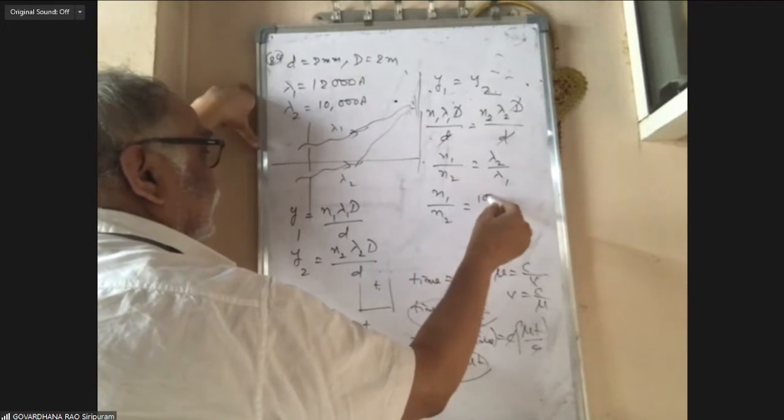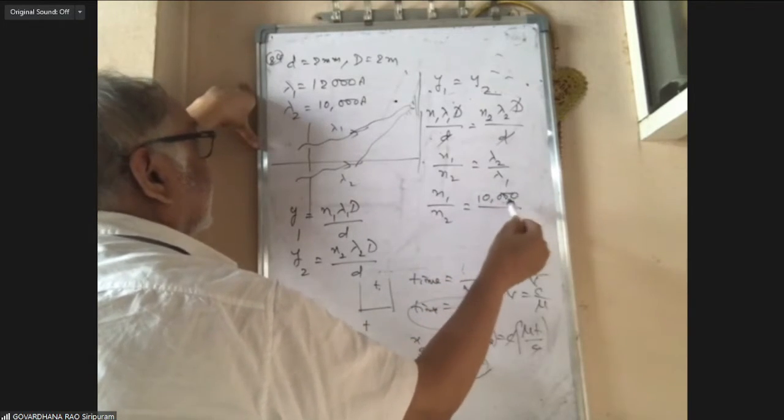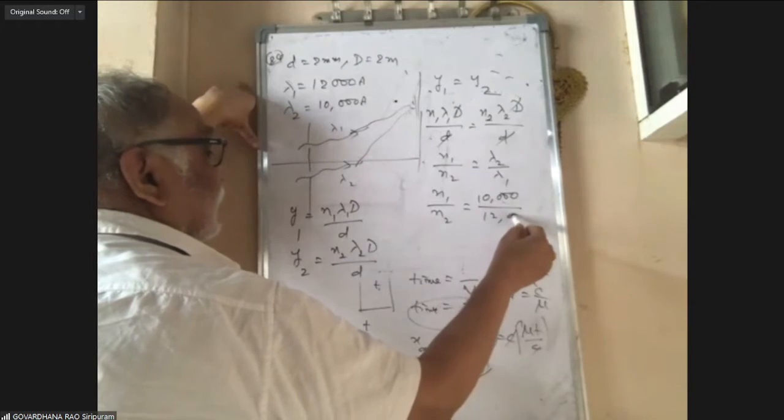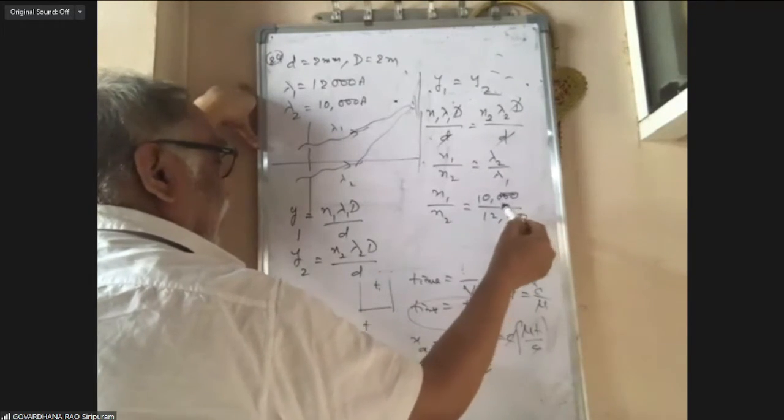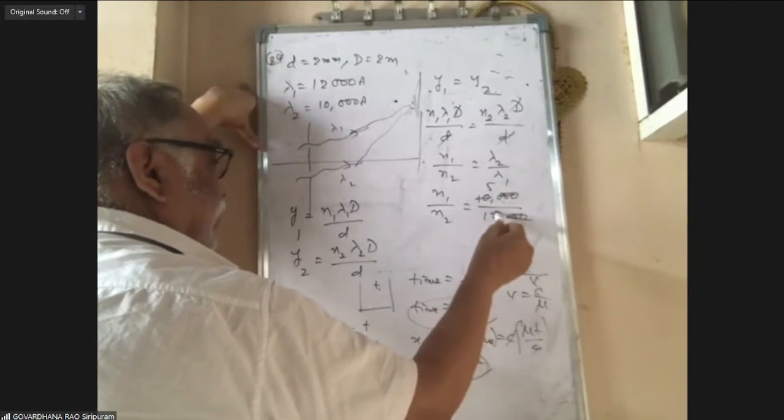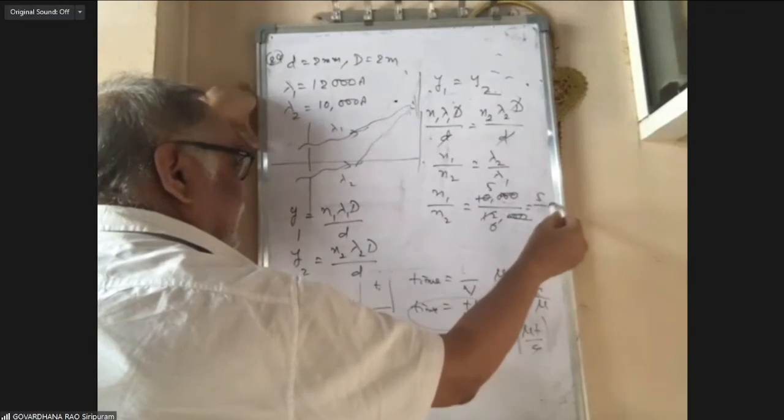Lambda 2 is 12,000 and lambda 1 is 10,000. So it is 5 by 6.